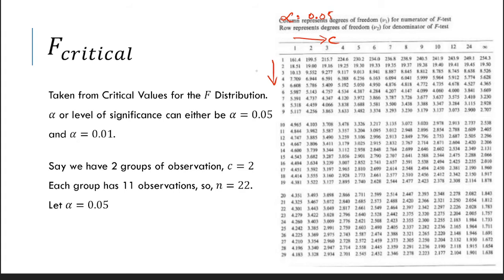And dito sa pababang yan, that will be the value of N. So, for 0.05 alpha or level of significance, we have 2. Ito yun, 2. Then we just need to look for 22. So, ito yung magiging value natin. So, for this one, our F critical will actually be equal to 3.443. So, yan ang pagkuha naman ng ating F critical. Okay?